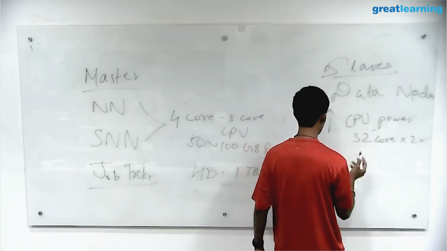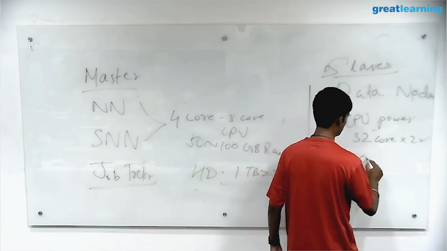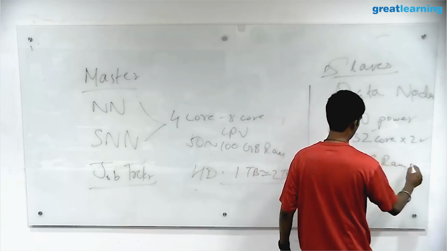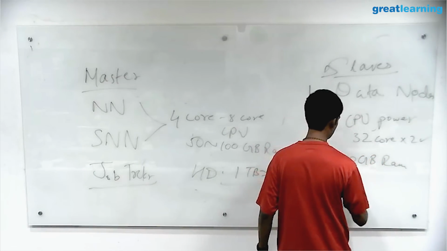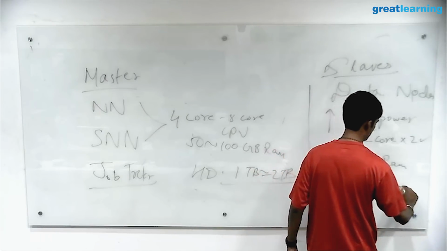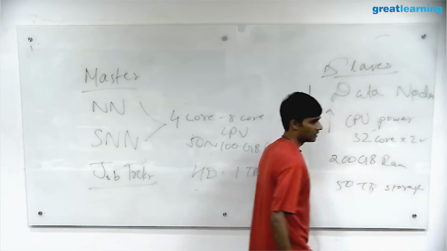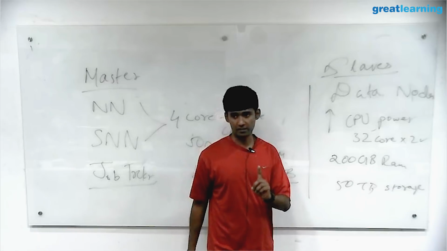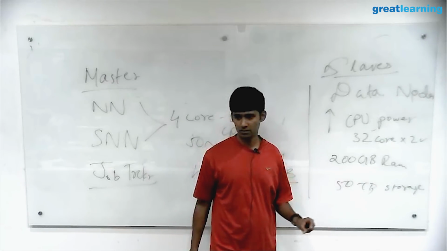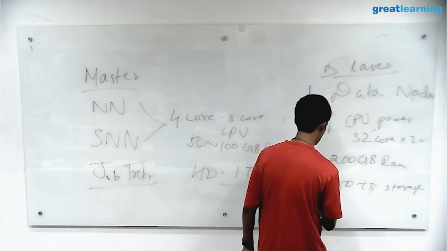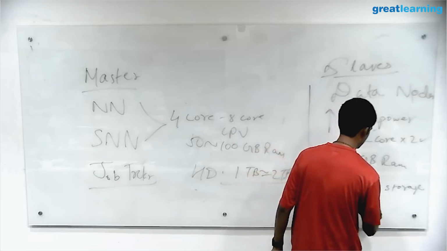And the industry norm, like many big companies, have even 200 GB RAM. And each data node will have close to 50 terabyte storage. 50 terabyte not in a single disk again, but multiple hard drives, like 10 to 15 hard drives. They will never have a single hard drive, for failure handling.